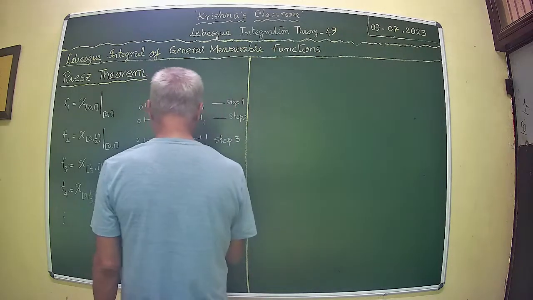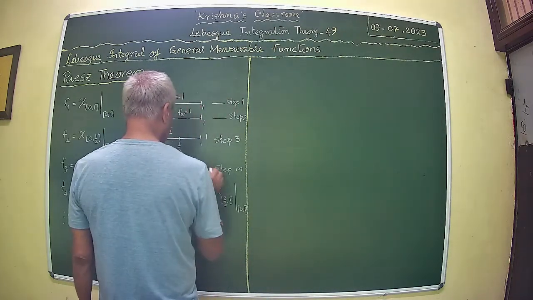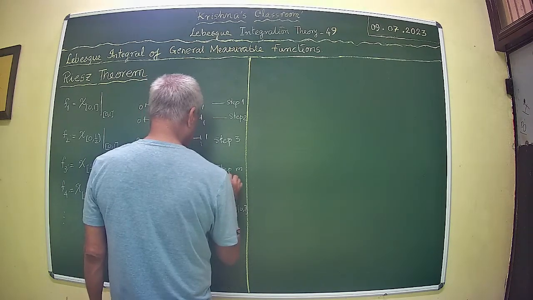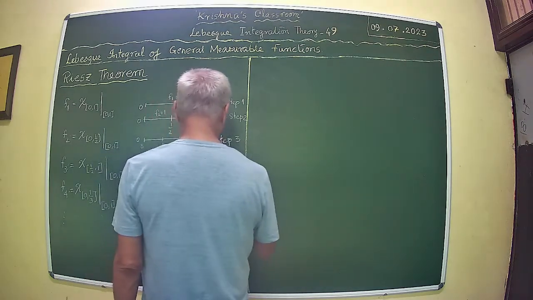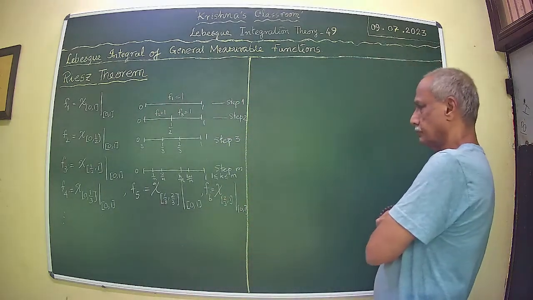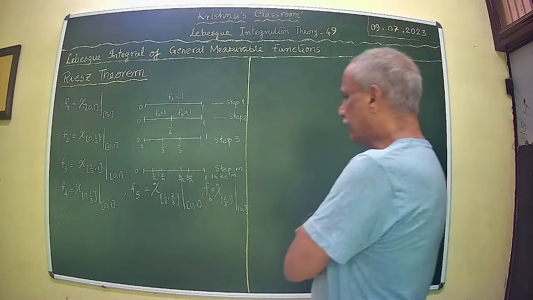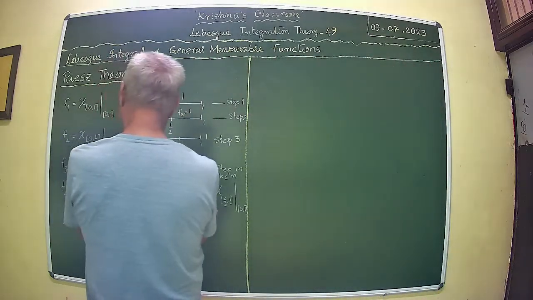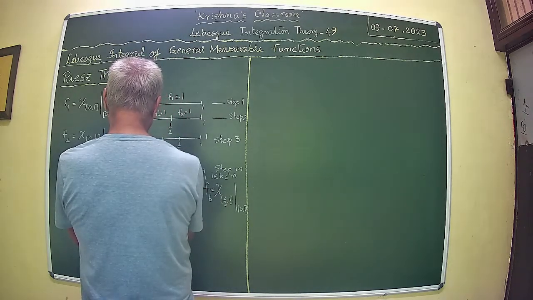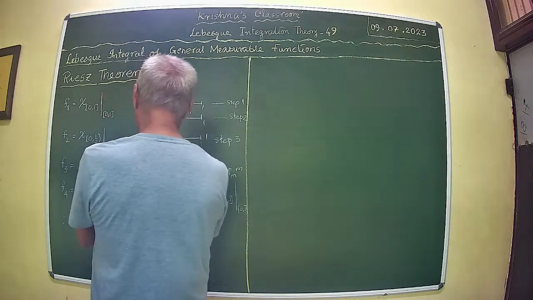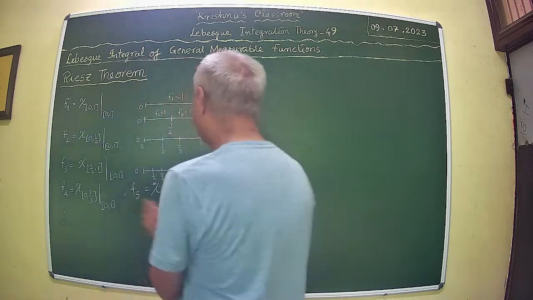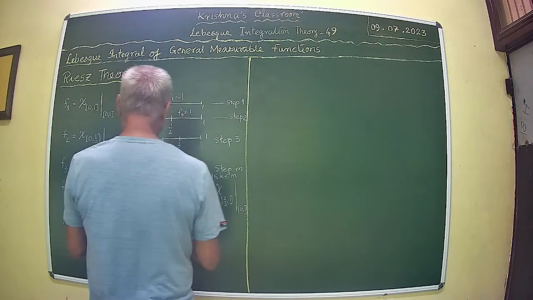So the condition is that 1 less than or equal to k less than or equal to m, and then we define m functions. So the first function is 1 here, second function is 1 here, third function is 1 here, and so on.